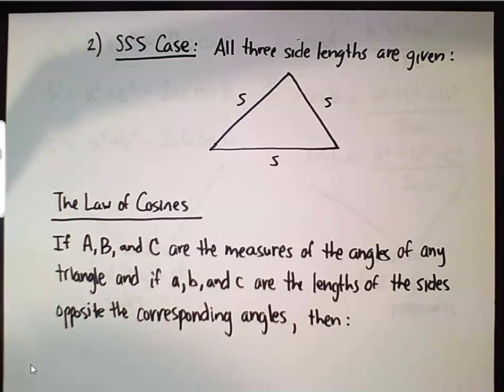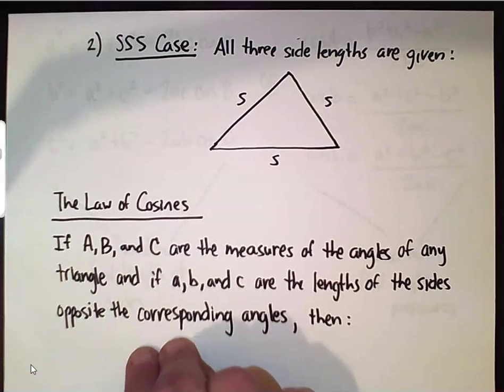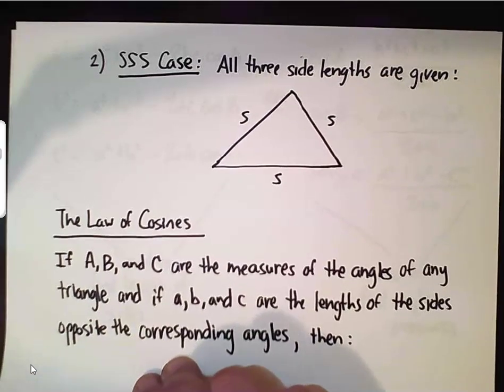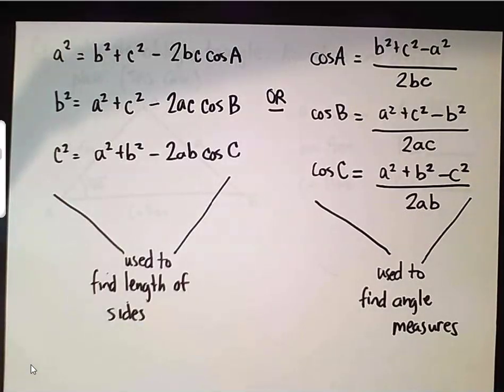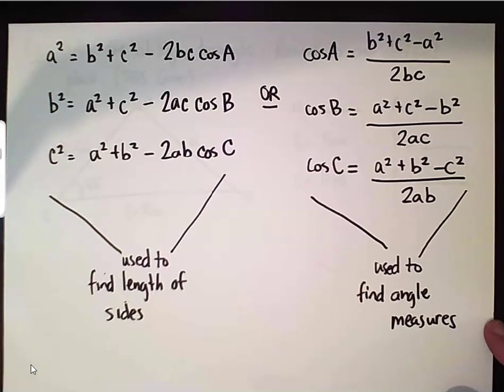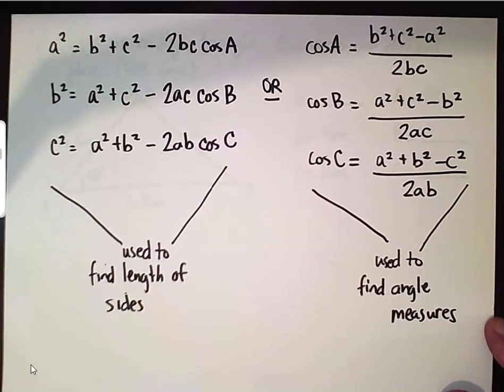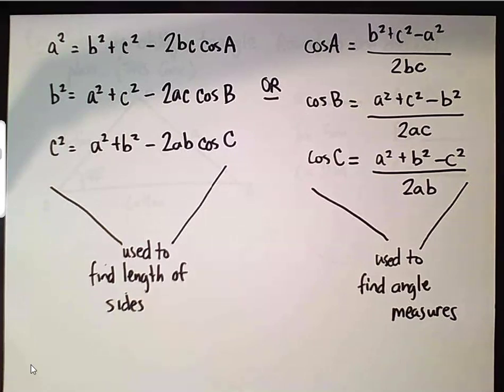So what is the law of cosines? If capital A, B, and C are measures of angles of any triangle, and lowercase a, b, and c are the lengths of the sides opposite the corresponding angles, then we have two versions of the law of cosines, just like we had two versions of the law of sines.